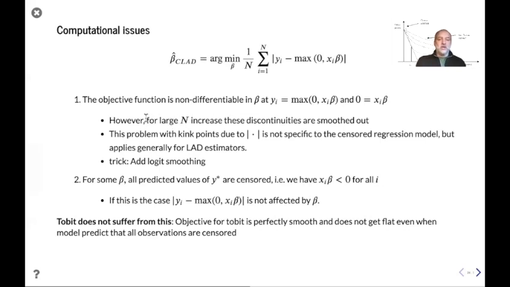One thing I want to highlight first is that as the number of observations increases, these discontinuities are smoothed out. Also, the problem with the kink due to these absolute deviations is not specific to the censoring in this censored regression model.